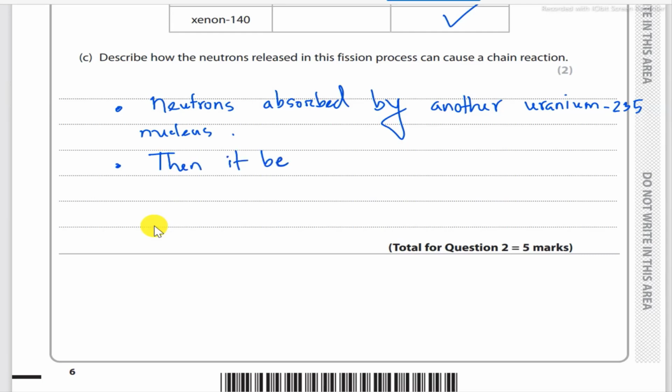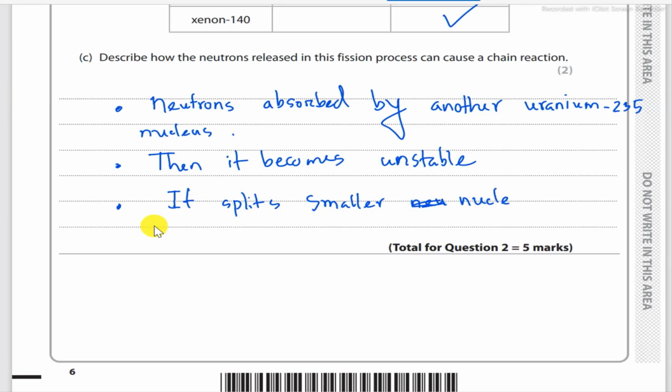Then it becomes unstable and it splits into smaller nuclei and releases more neutrons, and the process repeats.